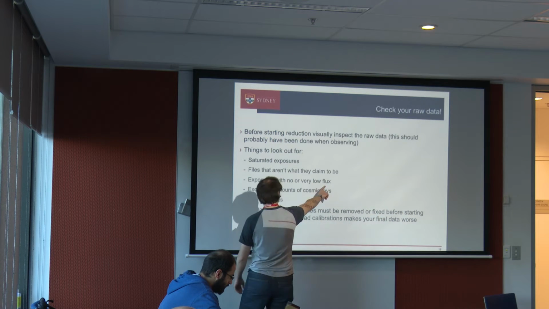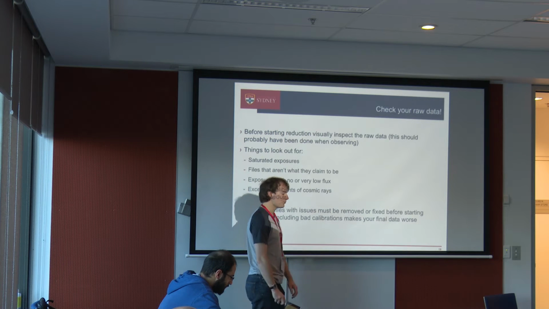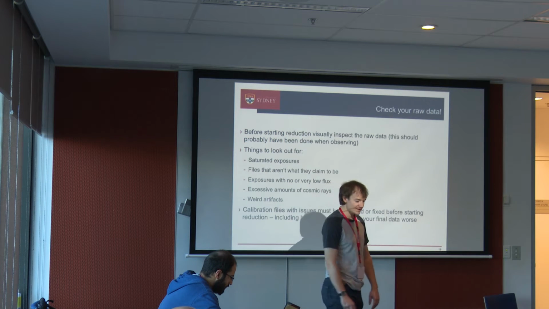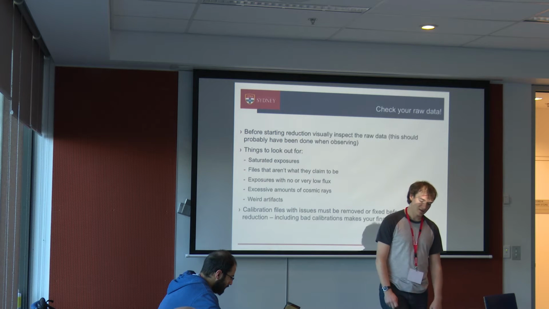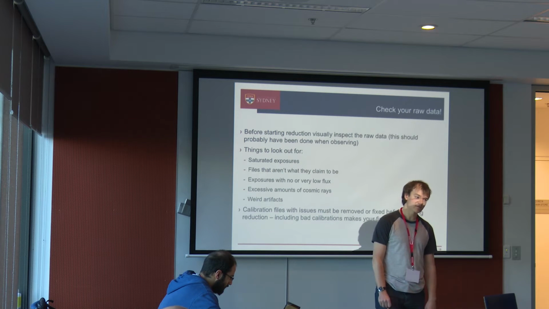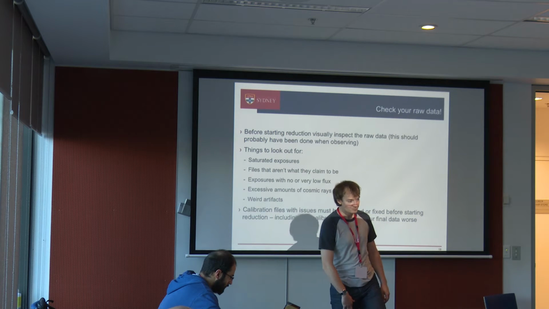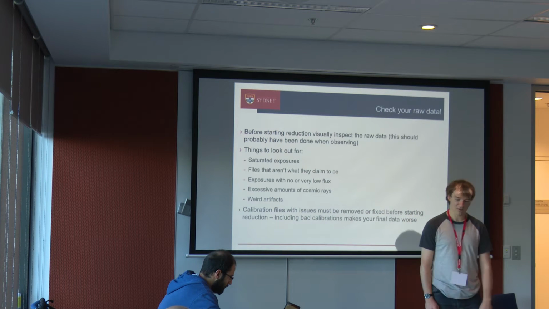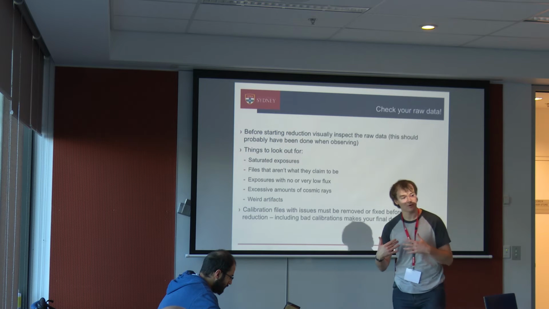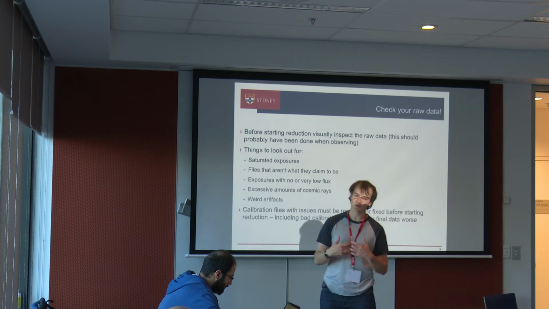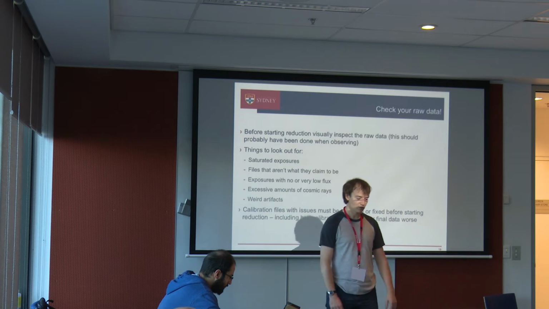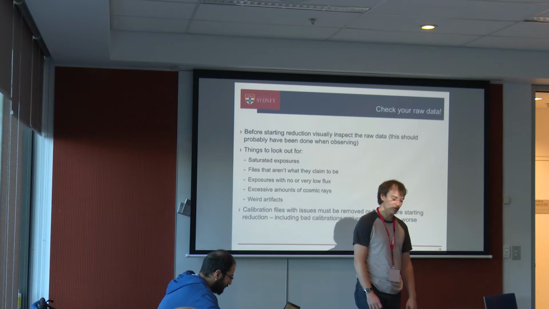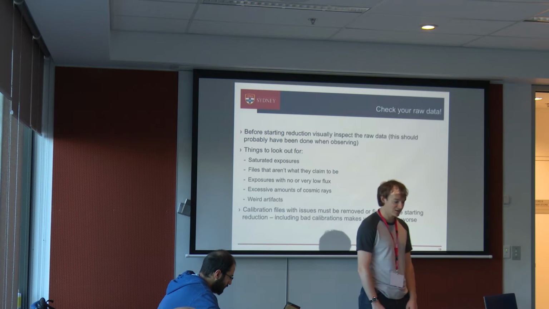Exposures with no or very low flux. My new favourite way of screwing up data when observing with SAMI is to do our evening calibration frames and forget to open the mirror cover. Unfortunately, the lamps are bright enough that they get a reflection off the back of the mirror cover, so you do get some photons in our flat frames, but you get 100 or 200 rather than the 2,000 or 20,000 that you expect.